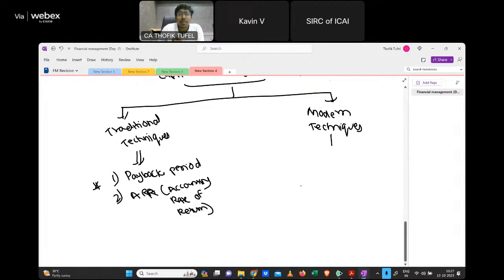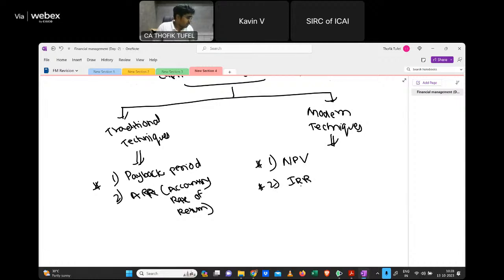Right? Now under modern techniques, we have few techniques. I'll give you the techniques. The first one is NPV. The second one is IRR. I'm giving in the order of importance.